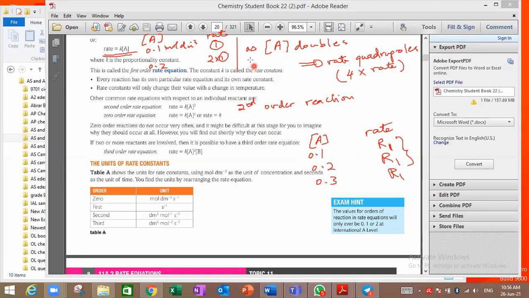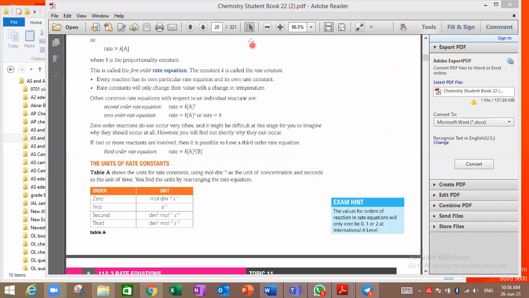Okay, this is if we have only one reactant. Now, what happens if we have two reactants? A plus B gives C. In such a reaction, we are going to study the effect of changing the concentrations of both A and B on the rate of the reaction.